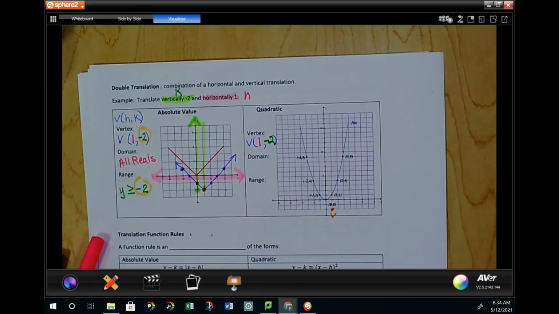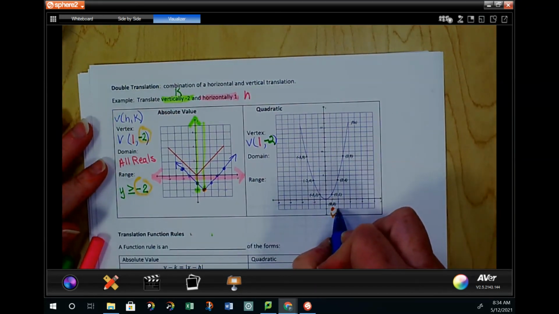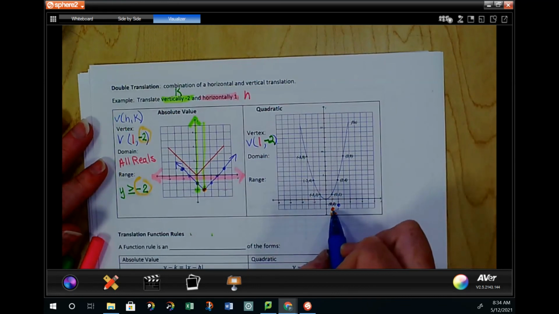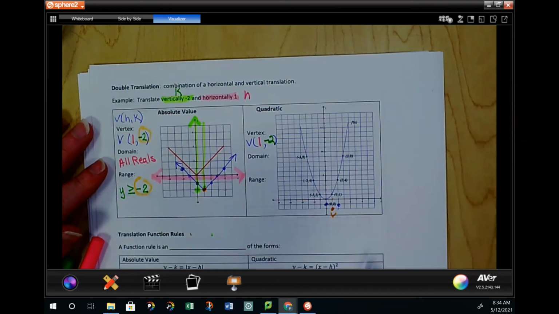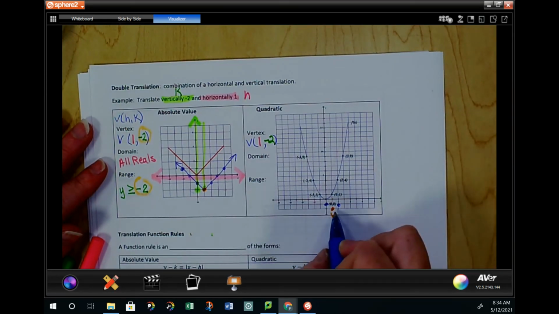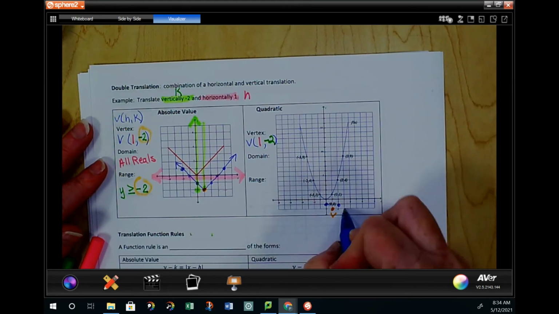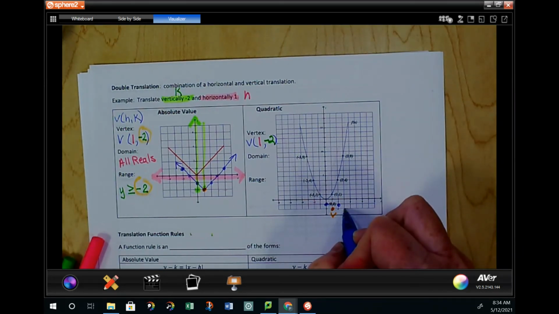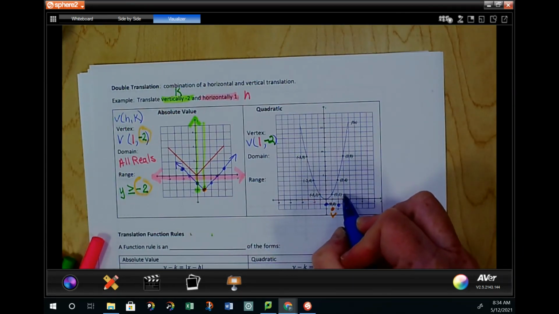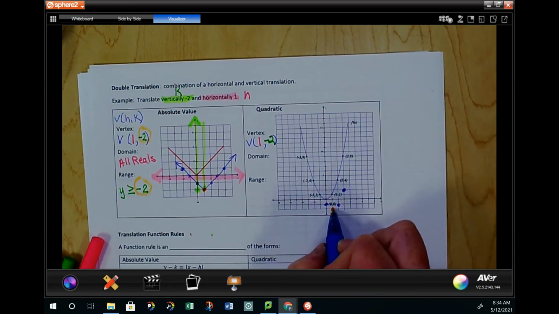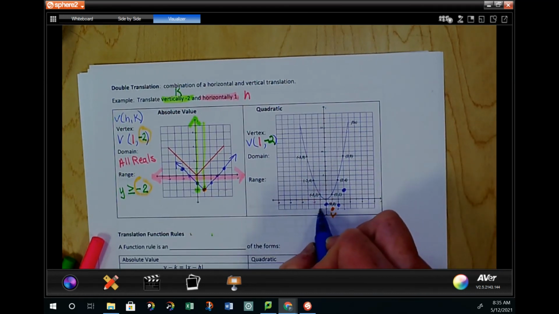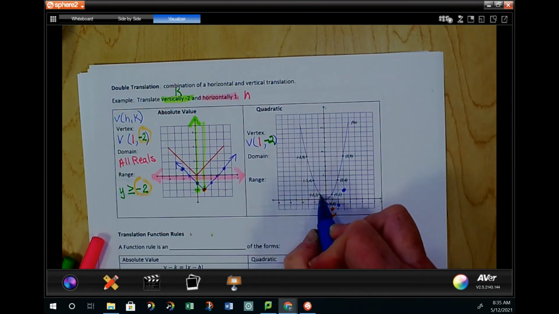And then from that point, I'm going to move to the right 1 and up 1, because 1 times 1 is 1. To the left 1 and up 1, because -1 times -1 is 1. To the left 2, 1, 2. And then 2 times 2 is 4, so up 4: 1, 2, 3, 4. And then to the left 2, negative 2 times negative 2 is positive 4. So I'm going to go 1, 2, 3, 4.